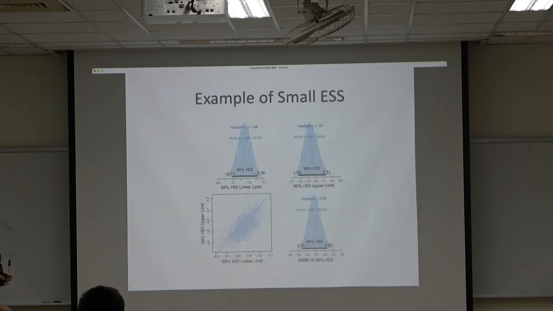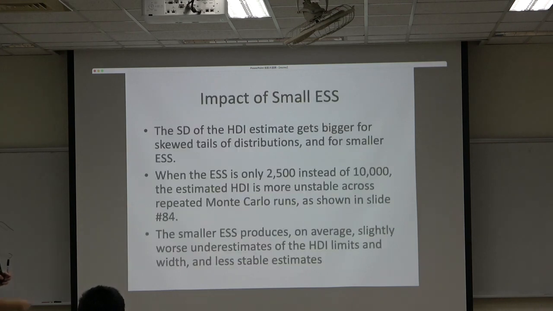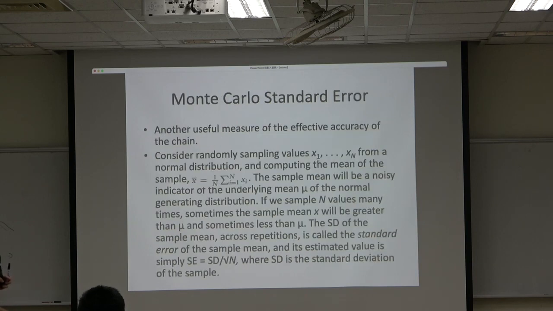It also talks about the impact of smaller ESS, but I think you don't need to worry about that. Remember another field, Monte Carlo standard error. This is also something you can consider.